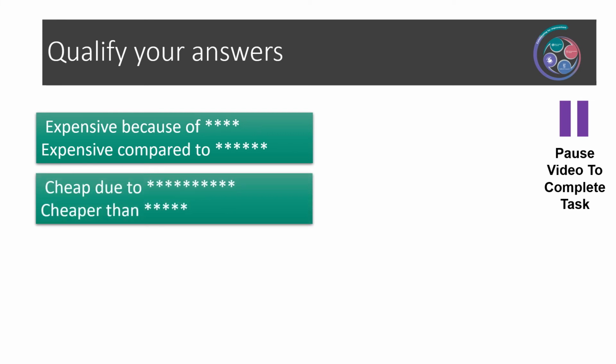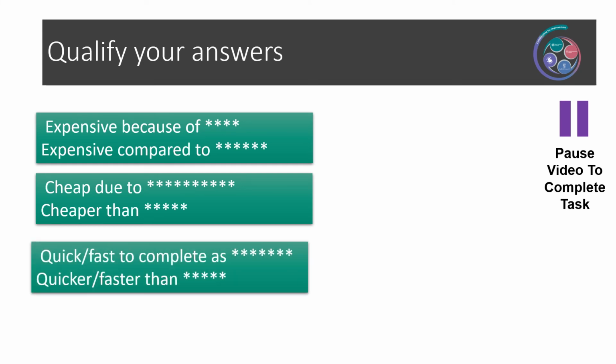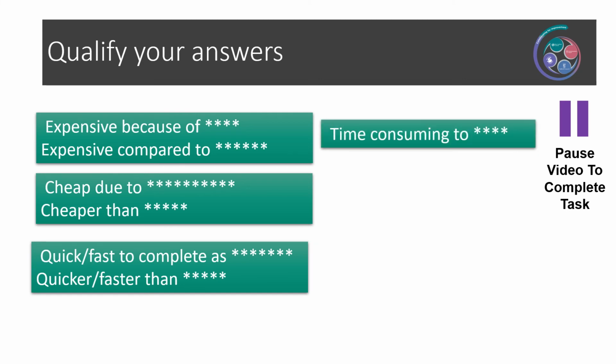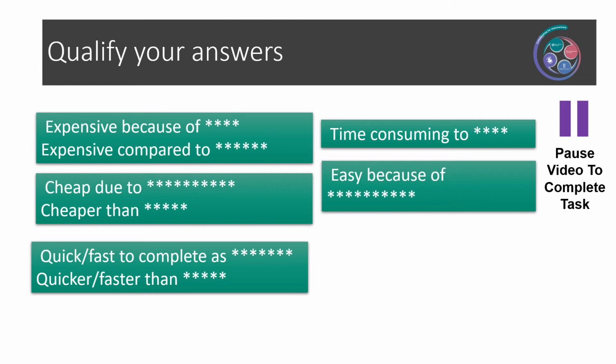And again, expensive and cheap, they're the opposites, so you need to qualify them: cheap, due to, or cheaper than. It's the same with fast and quick. You have to qualify it. So say why it's quick or why it's fast or why it's slow. So it's time consuming to gather. Easy because of.